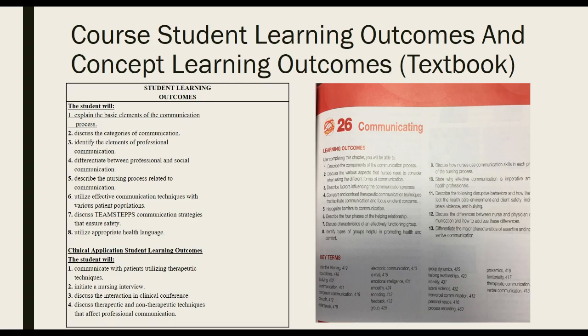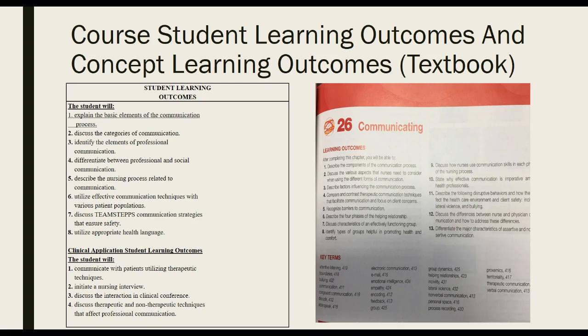So we continue to look at the communications, and we discuss the categories of communication. And it says, discuss the various aspects the nurse needs to consider when using the different forms of communication. So number 2 and number 2 in those outcomes are similar. We look also in your chapter at 413, and it says modes of communication.